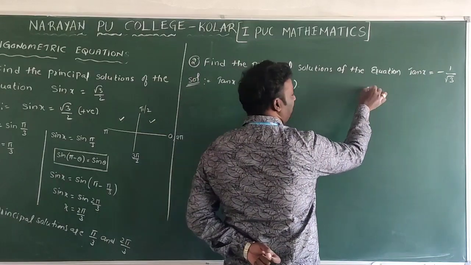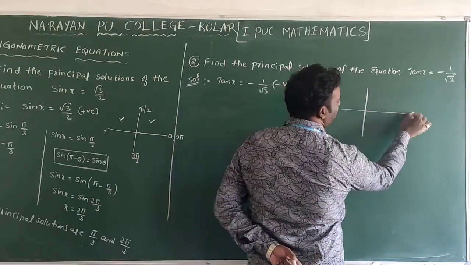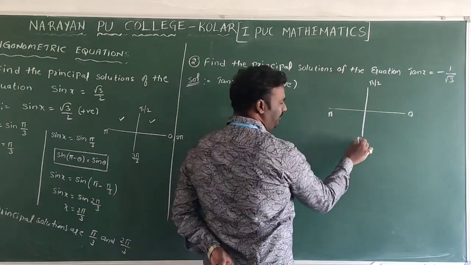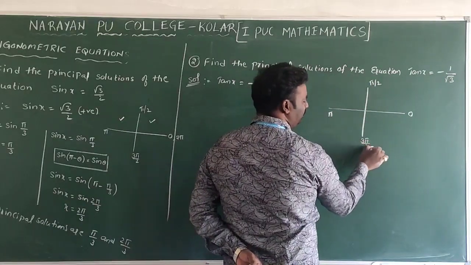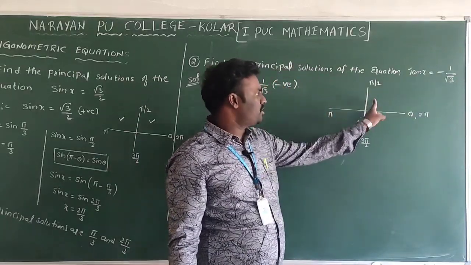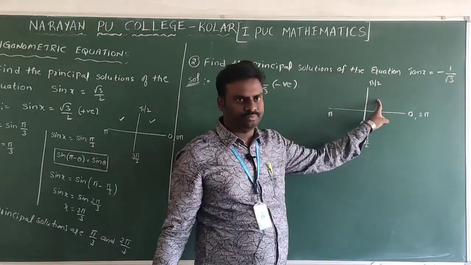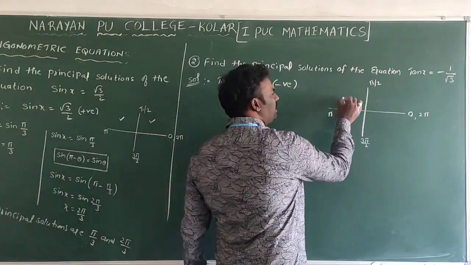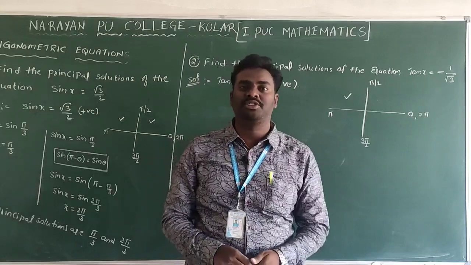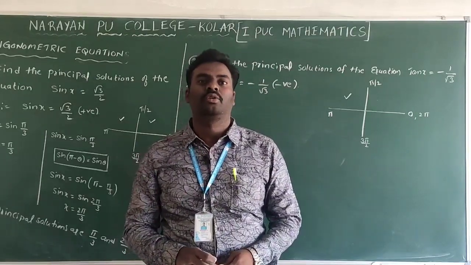I will draw the rough diagram. 0, 90, 180, 270, 360. In the first quadrant, all are positive. In the second quadrant, tan is negative. Why? Because in the second quadrant, which are positive? Sine and cosine.